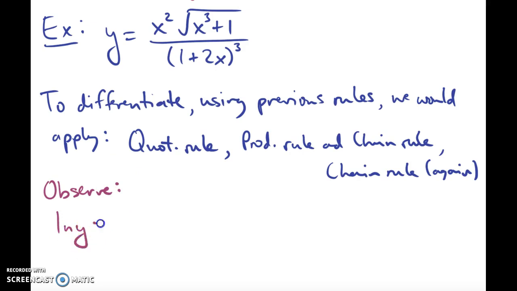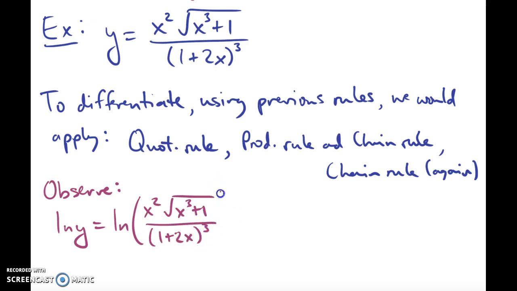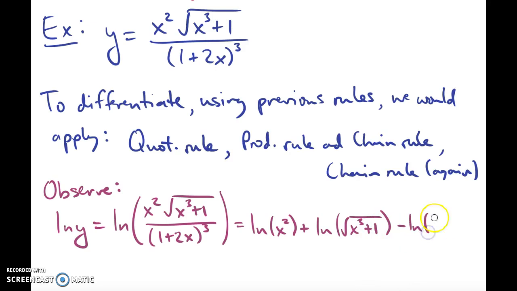natural log of y. Well, natural log of that big mess there. Well, that is the natural log of x squared plus the natural log of square root of x cubed plus 1 minus the natural log of 1 plus 2x cubed.